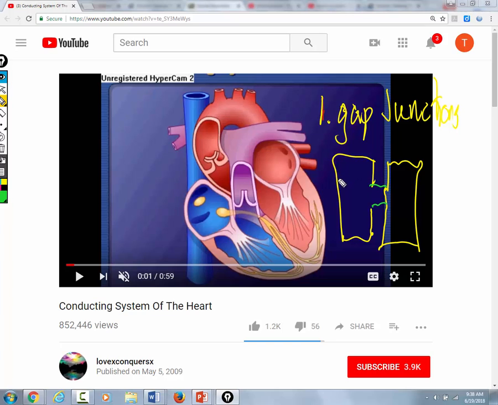So gap junctions are tunnels between heart cells that allow the instantaneous spread of electrolytes from one heart cell to the next. Now, why is that important? It's important because when your heart contracts, you want the atria to contract as a unit, and then you want the ventricles to contract as a unit. Do you follow that?